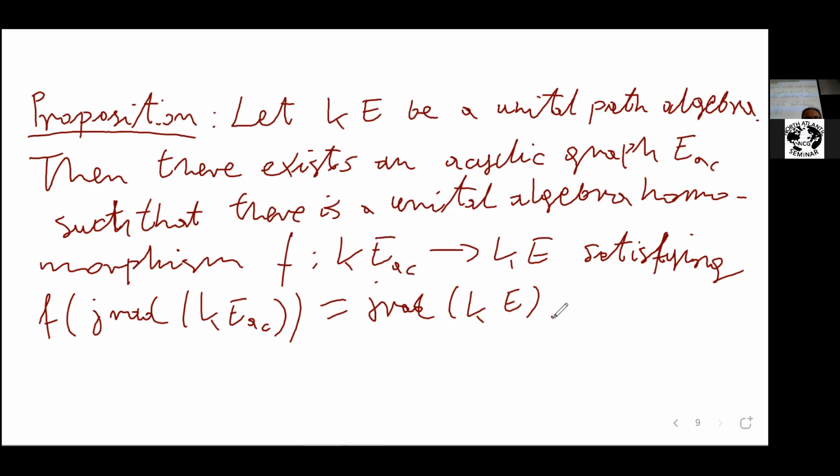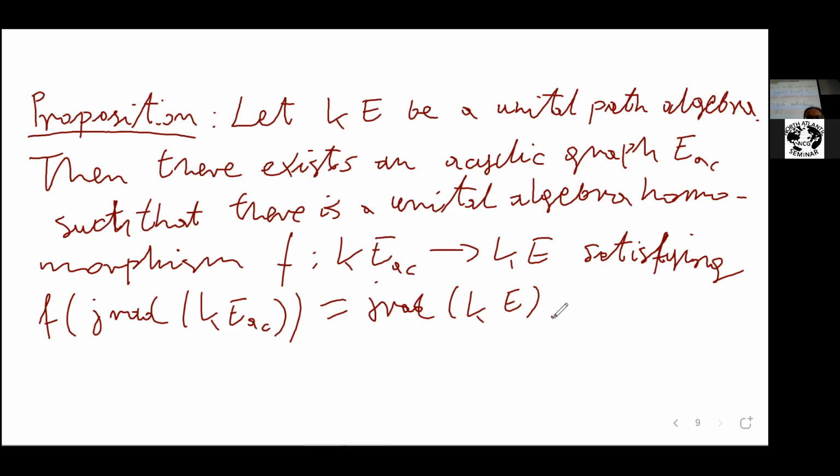Now, please remember that F is neither an injection nor a surjection. That's just a homomorphism of unital algebras. You'll see when Anya constructs it today.